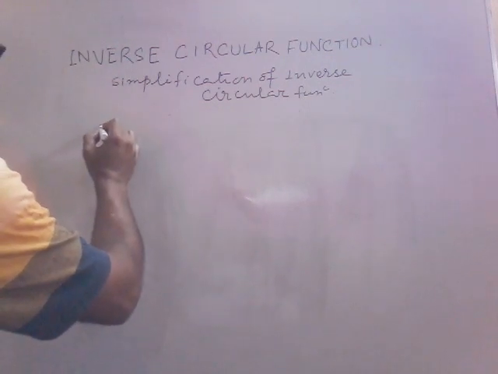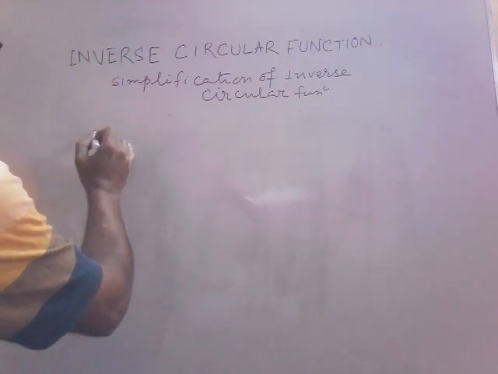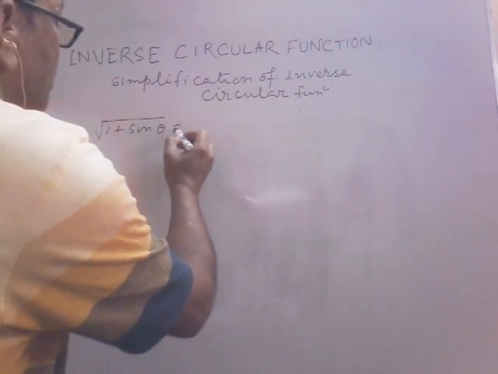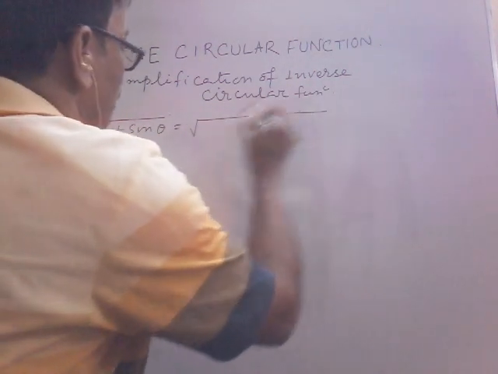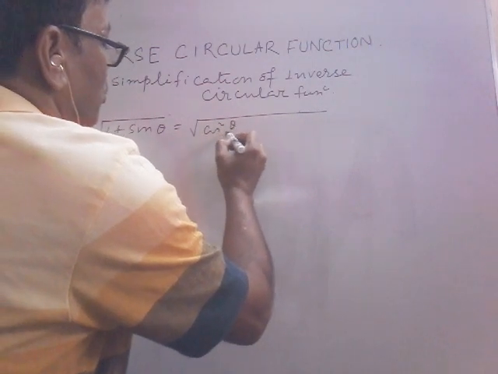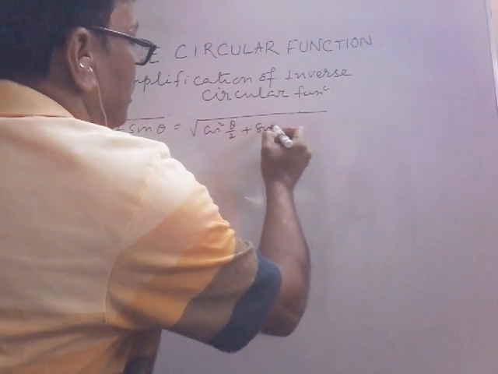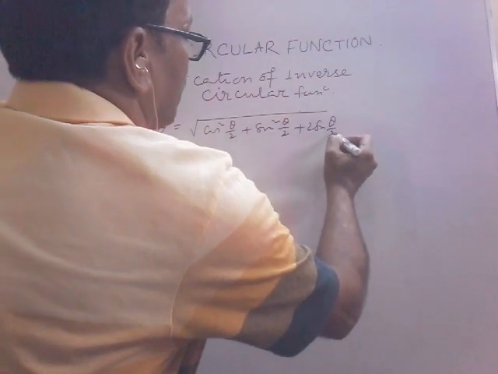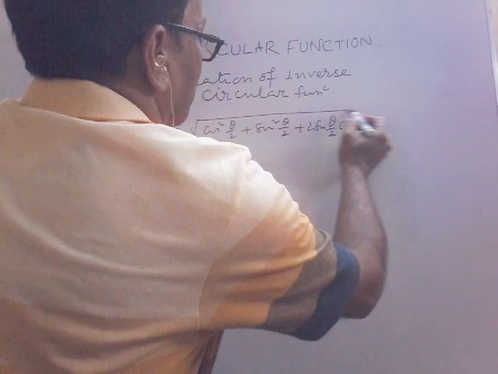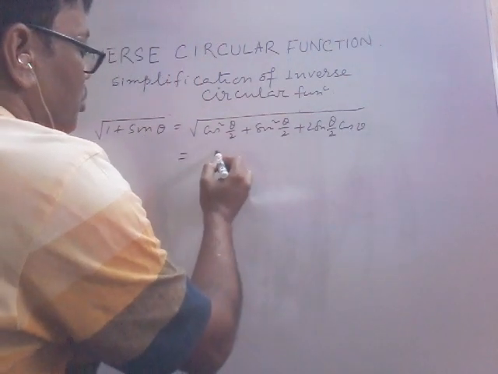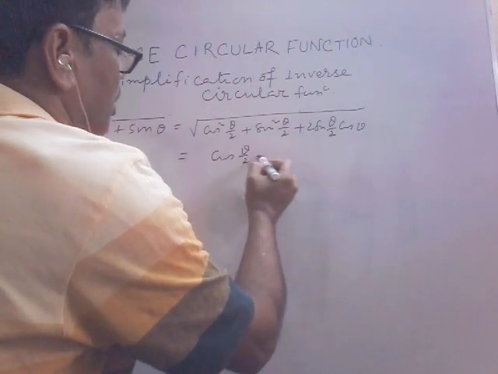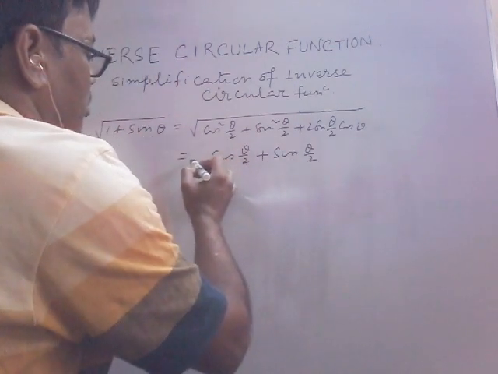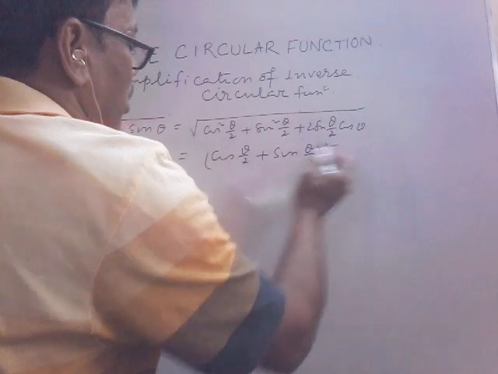So root over 1 plus sin theta equals, these are well known result, you look, 2 sin theta by 2 cos theta by 2 equals to cos theta by 2 plus sin theta by 2 whole square.